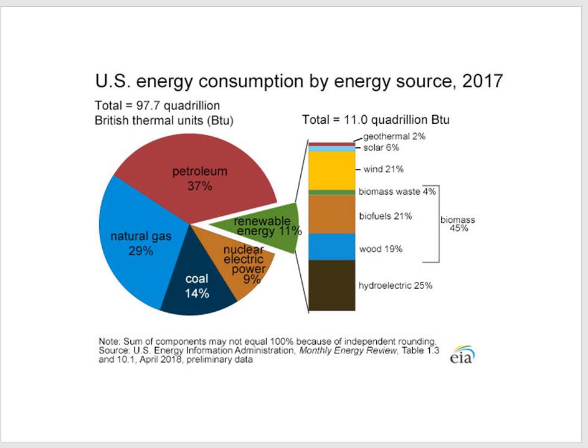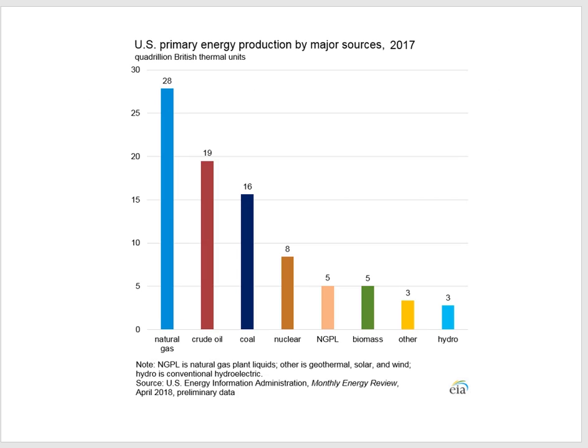This looks at consumption by energy source in 2017 now. It's a little bit more recent again. The renewable portfolio here is about 11%, which is not great, but it's not bad either. And this is total, not just household. Coal is 14%, natural gas 29%, which is more closely aligned with the production here that you see.